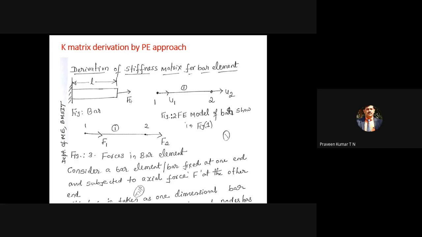Vibration is the fifth module, and there again you use the same potential energy concept. Today's class mainly concentrates on heat transfer, even though I am doing some small derivation from module 2. Keep it in mind, as these concepts are very important.